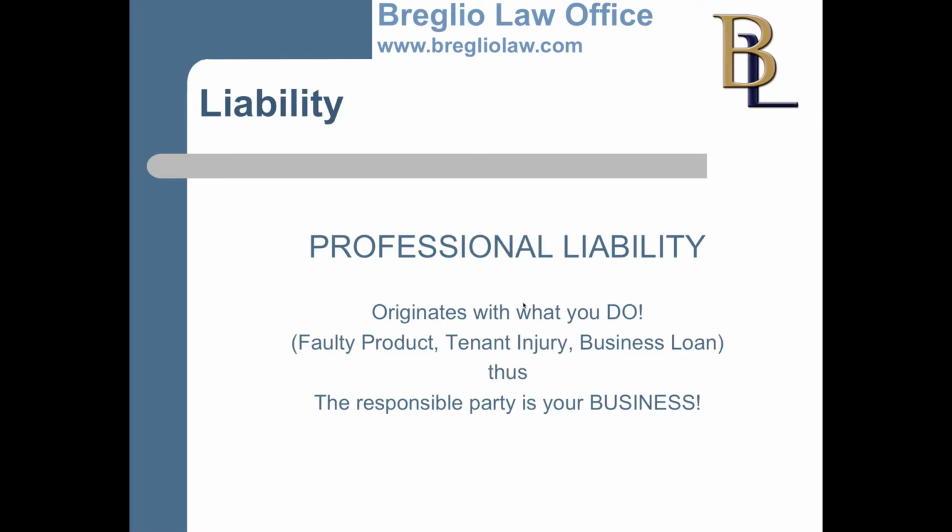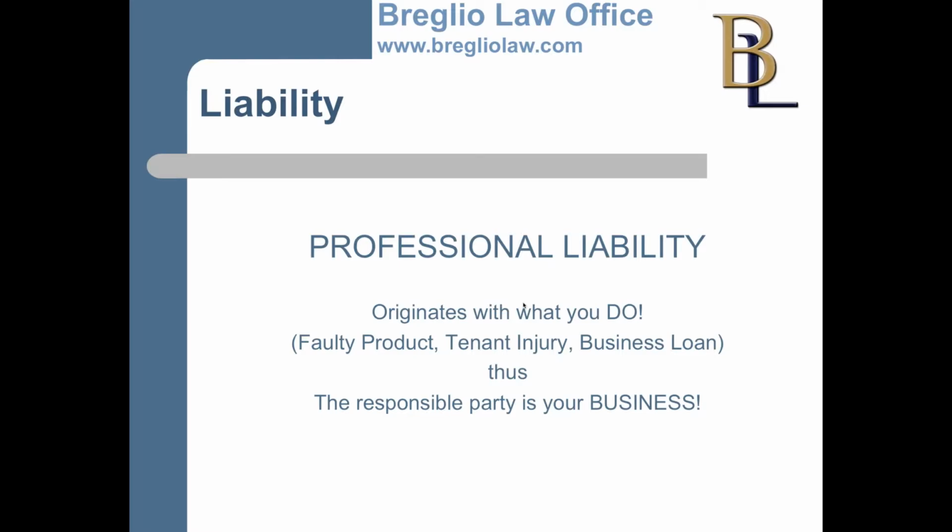But if you're the borrower, you want to borrow strictly in a professional manner and not personally, because then the responsible party is your business and not you. And remember, I go back to the definition again, that a liability is a debt or a damage, a financial obligation that can be satisfied by the responsible party's assets.